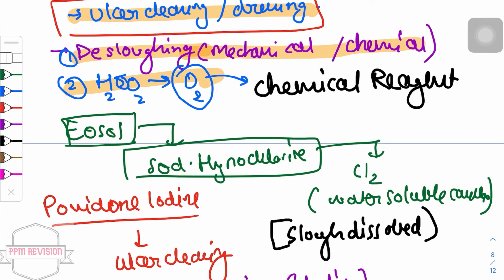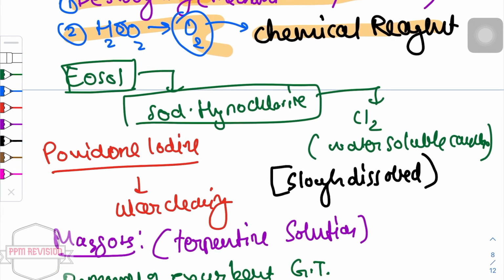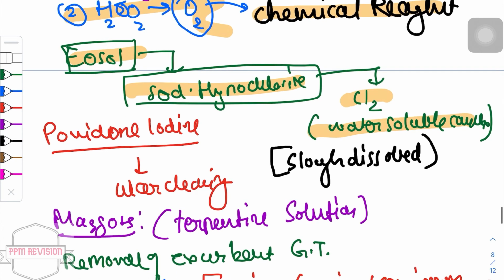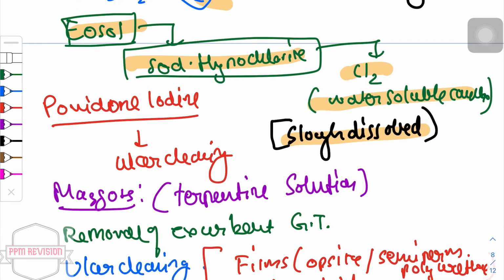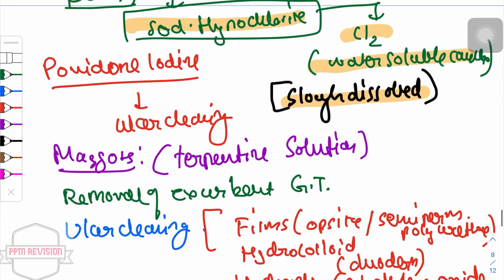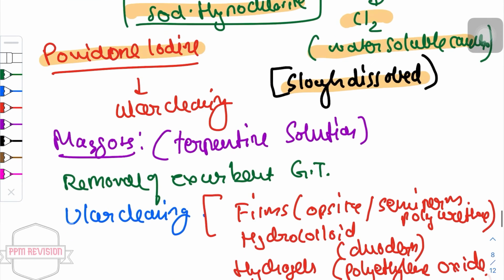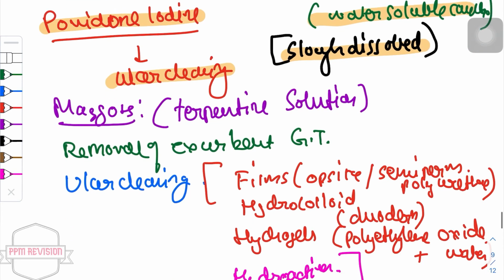Then use of hydrogen peroxide, where there is oxygen release. This is a chemical reagent. Next is EUSOL, which contains sodium hypochlorite, which releases nascent chlorine, and this forms a water soluble complex, which is where the slough is dissolved. Then there is povidone iodine, which helps in ulcer clearing.